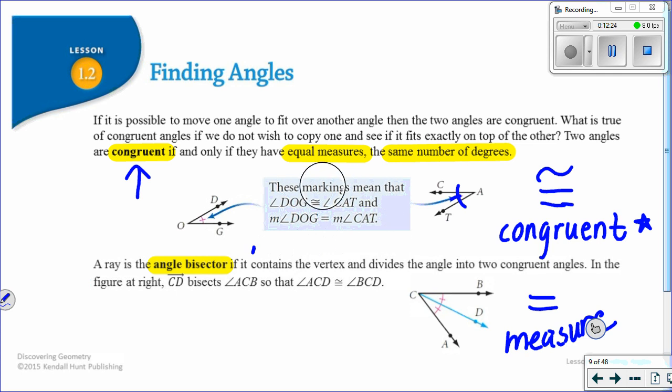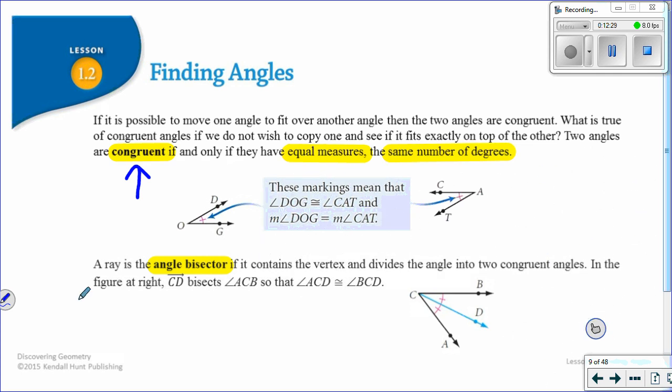So when I say an angle bisector, what I'm saying is I have a ray that goes right through the center of that angle and cuts it into two equal pieces. And I know that it cuts it into two equal pieces because it's marked with those hash marks. One hash mark here and one hash mark here. That means that those angles are congruent, or they have the same measure. And it also means that ray CD is an angle bisector.